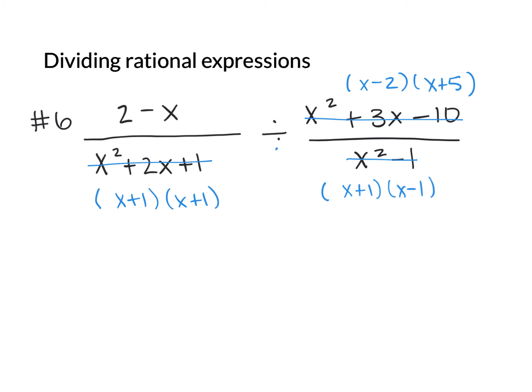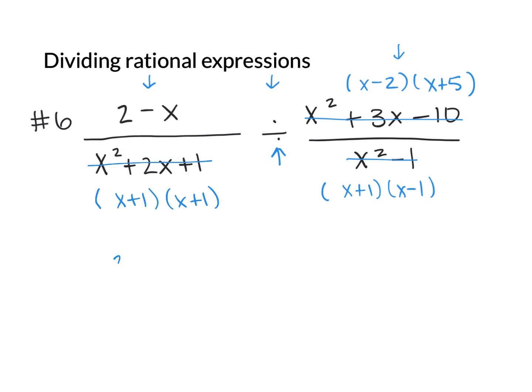Okay, now that we've replaced those quadratics, remember, there is something special we do when we're dividing fractions, and there's two ways I've heard this. Some people say keep, change, flip, and I have also heard just flip, then multiply. So we keep this fraction the same, we change the division to multiplication, and we flip the last fraction.